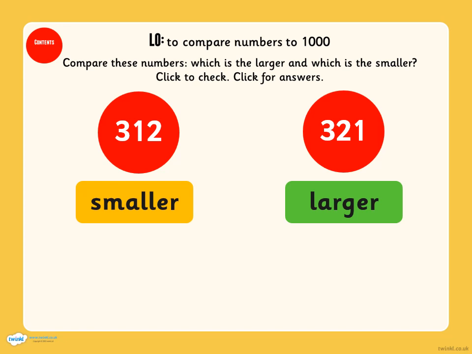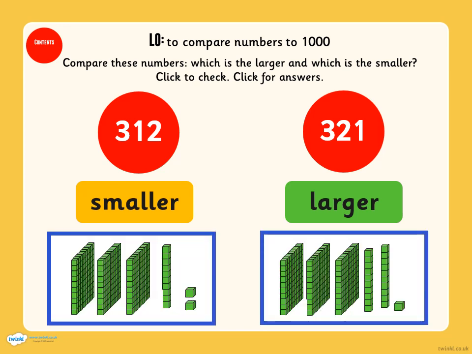Now we need to practice partitioning these numbers into hundreds, tens, and ones. We're going to do that with blocks, so we will have a little look and count these. For 312, we've got 300, so we can count by hundreds: 100, 200, 300.